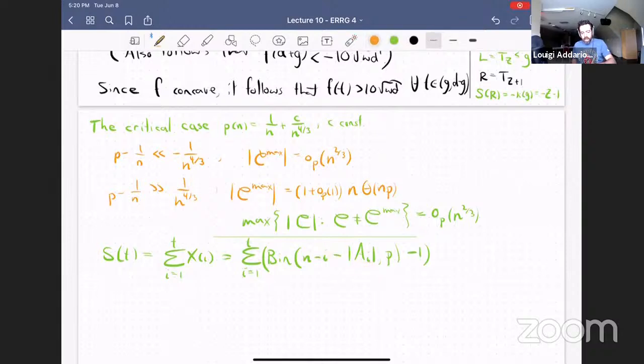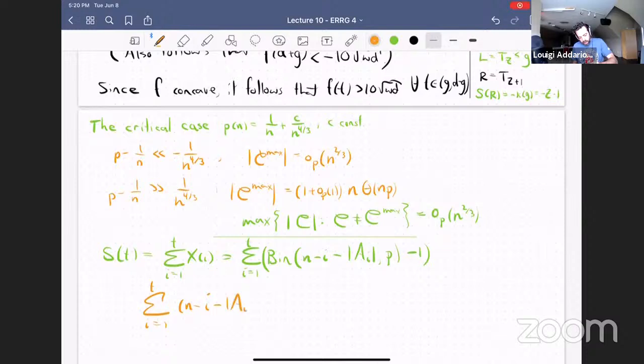Now let me use the following heuristic, which I'm not going to justify, but it's effectively contained in what we've already proved.